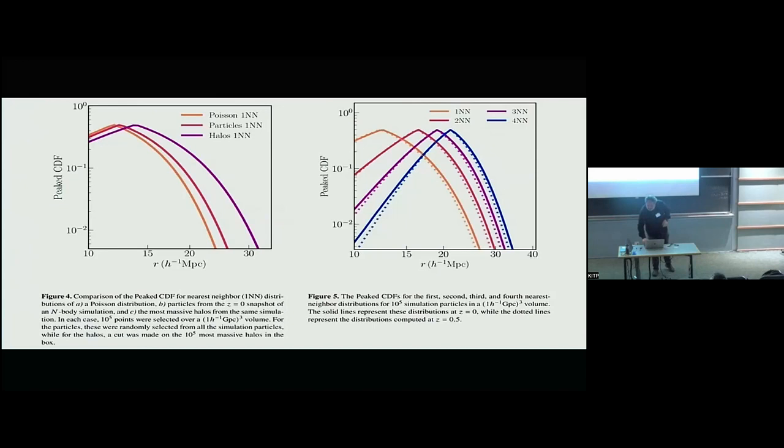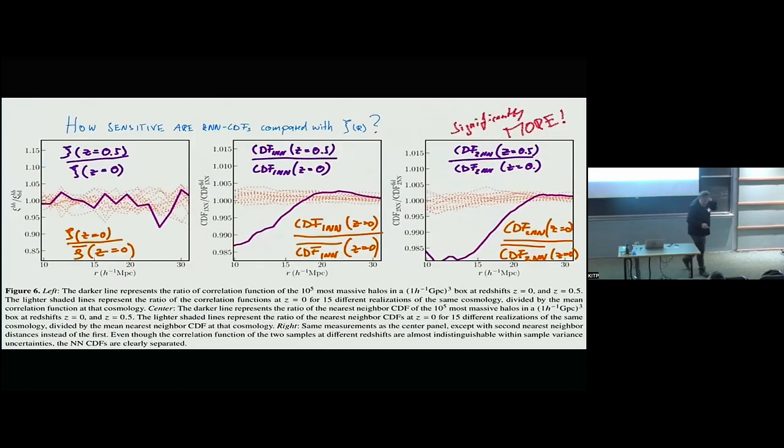And I need to be careful of the time, but here's an example, just contrasting the information you have in the 2-point function, where in the Quijote simulations, we have hundreds of boxes at the same cosmology, so you can take the mean 2-point function and really just get the mean extremely well.